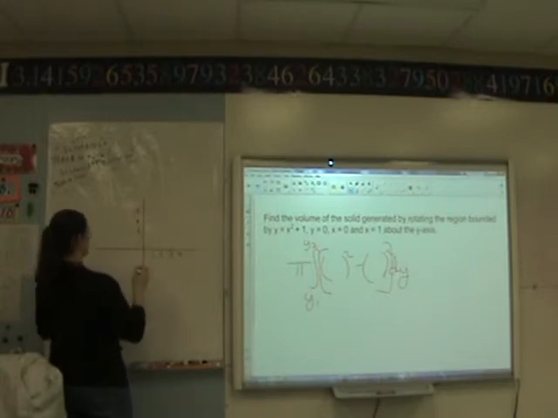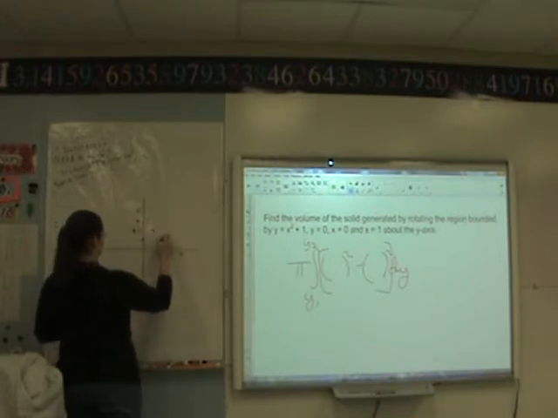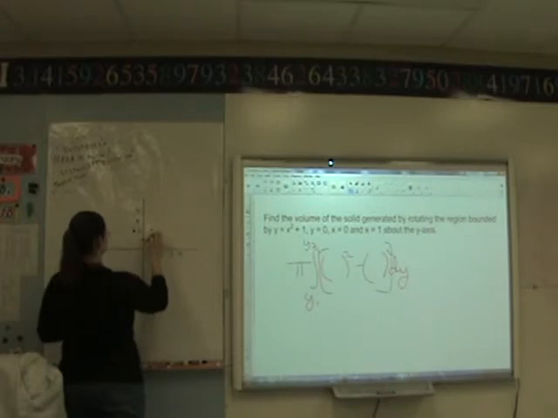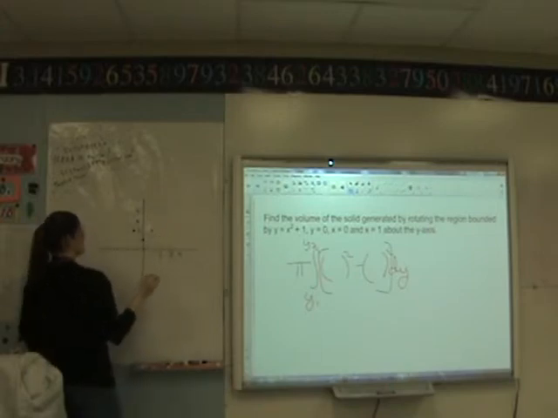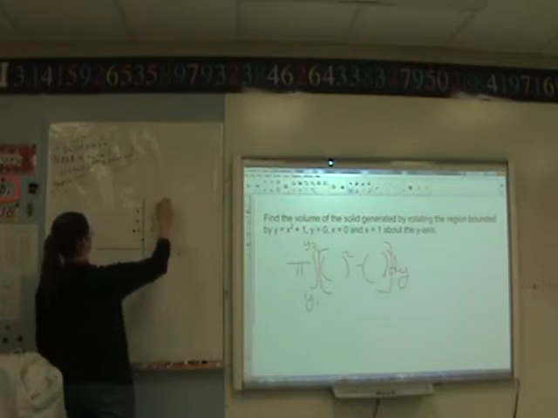So x squared plus 1 is going to start here at 1, then 1, 2, 1, 2, 3, right here.